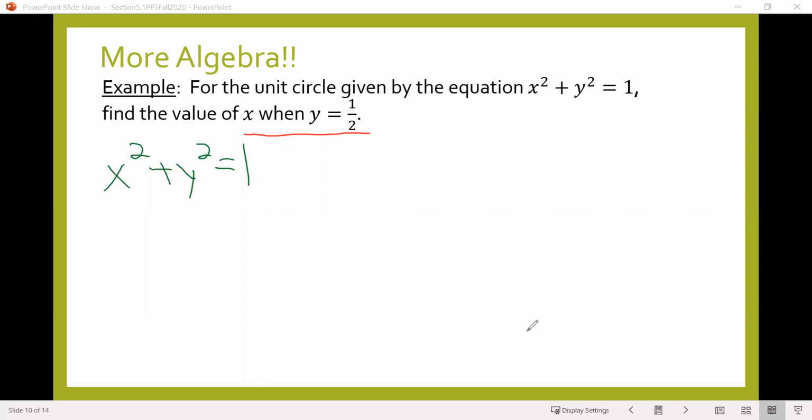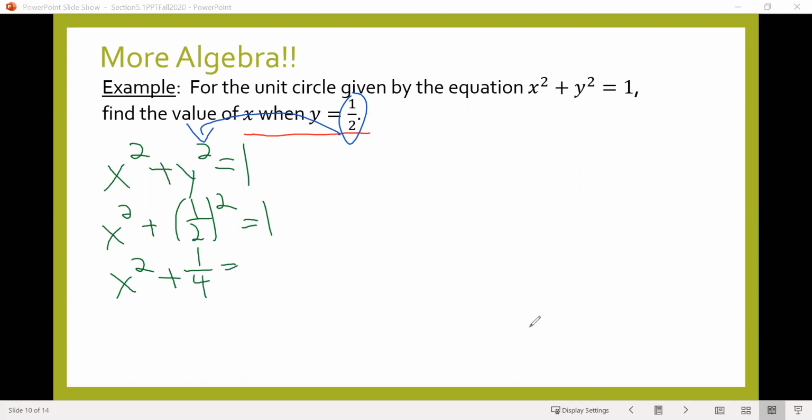We know what the value of y has to be. Let's use that to help us solve for the value or values of x. So we'll plug in 1/2 for y here. So this will become x squared plus 1/2 squared equals 1. I have x squared plus the 1/2 squared gives us 1/4 equals 1.